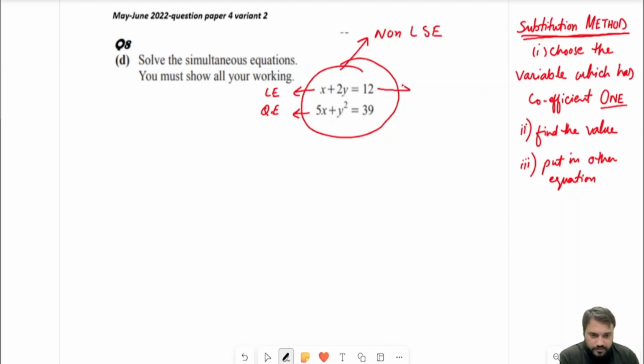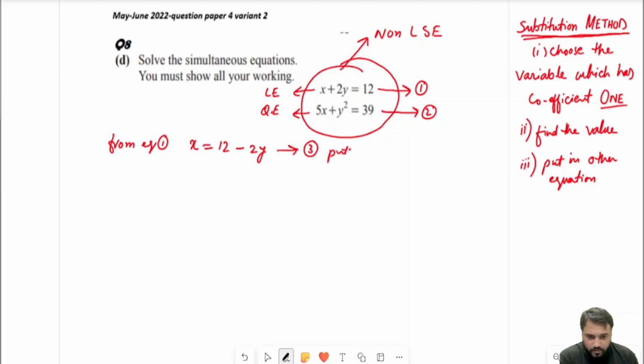Now, this is our equation 1. This is the second equation. See, in the linear equation, the coefficient of x is 1. So I'm going to write here from equation 1, the value of x is equal to 12 minus 2y, and name it equation 3.